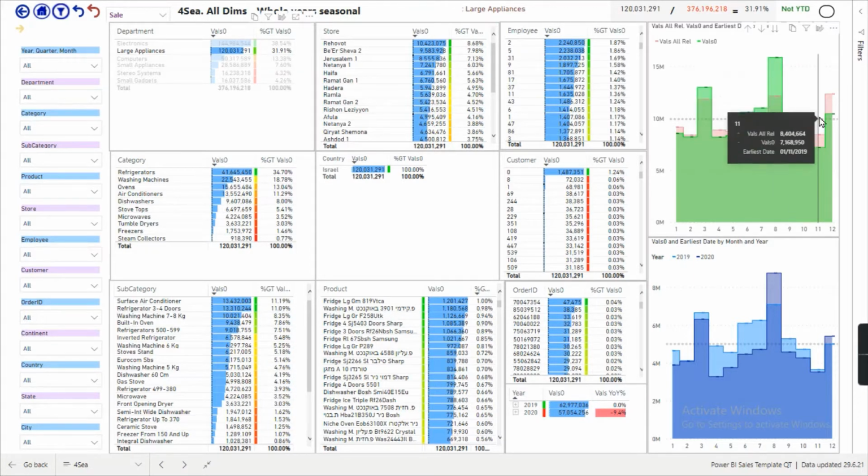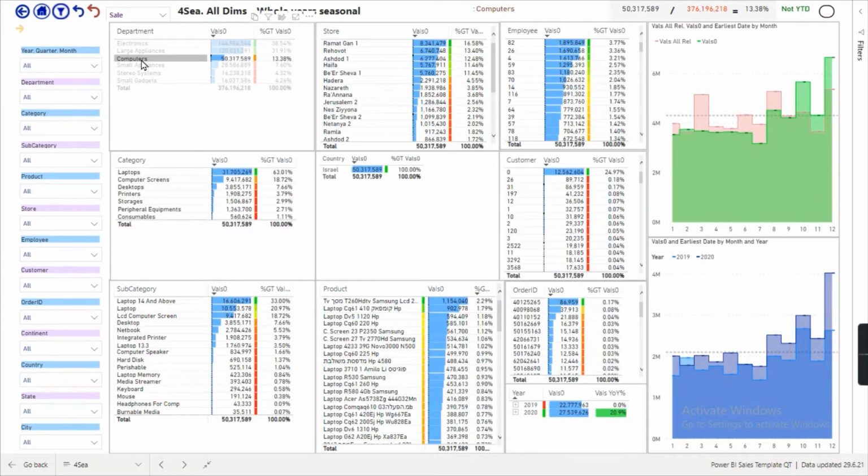Okay, and that's the end of year. Interesting. Computers, start of year is slow. Then there are two peaks in October and December. December, all the companies are buying to not pay too much taxes. So it's logical.